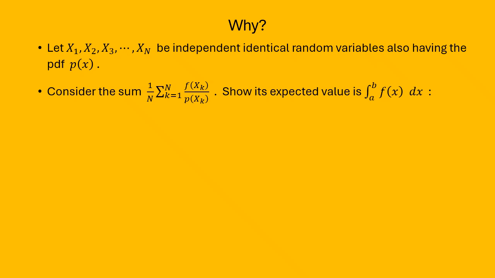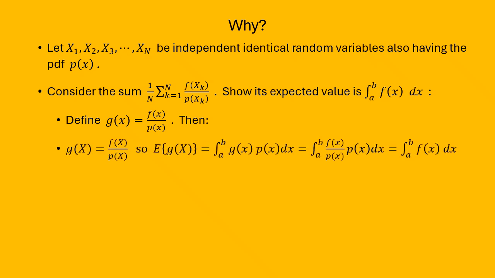Show that its expected value is the integral from a to b of f of x dx. So let's define g of x to be f of x over p of x, where lowercase x is a real number. Then we'll define a random variable, g of capital X, to be f of capital X over p of capital X.